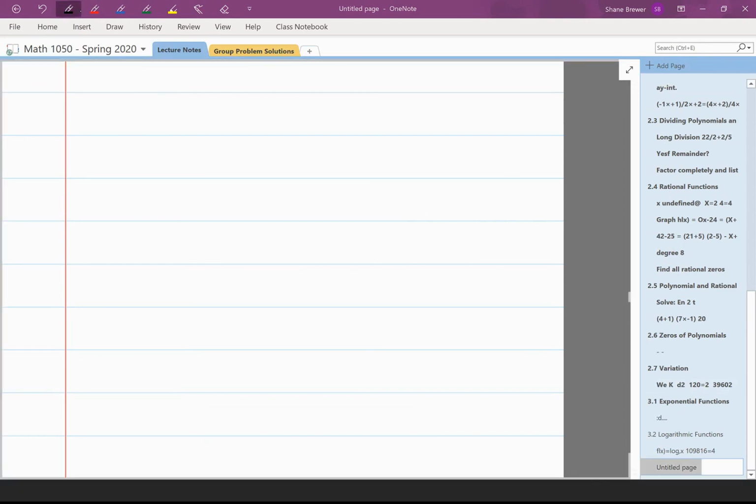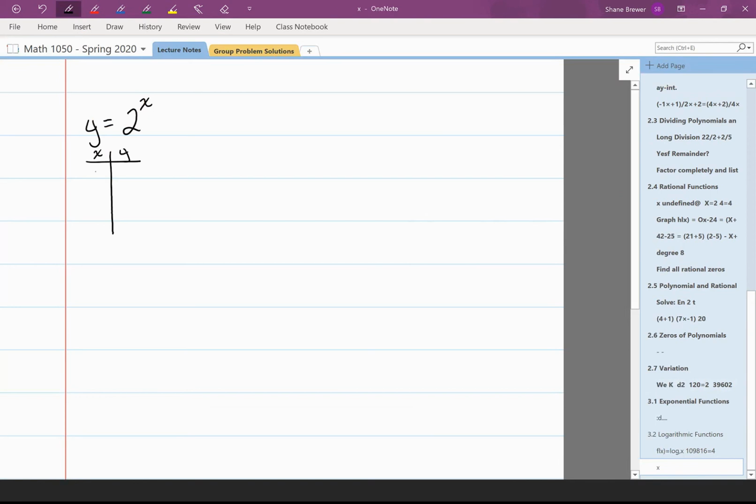Let me just show you that, right? So just take the basic exponential function base 2, right? Think about what happens if we plug some values in. So if I plug, say, 4 in there, I get out 16. If I plug a 5, I get out 32. If I plug a 3 in, I get out an 8, right? Now, look what happens when I do log base 2 of x.